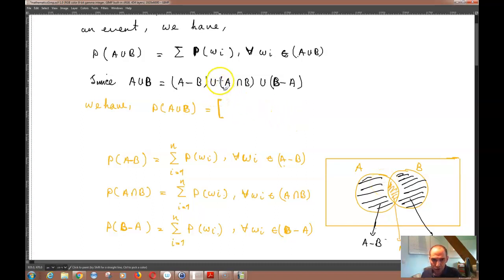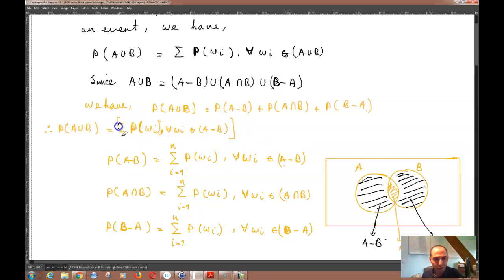I can simply write P of A union B as the probability of A minus B plus the probability of A intersection B plus the probability of B minus A. And I have already written them all down over here, which means that P of A union B is the same thing as this expression, sigma of P of omega of I for all omega of I belonging to the set, for example, A minus B.